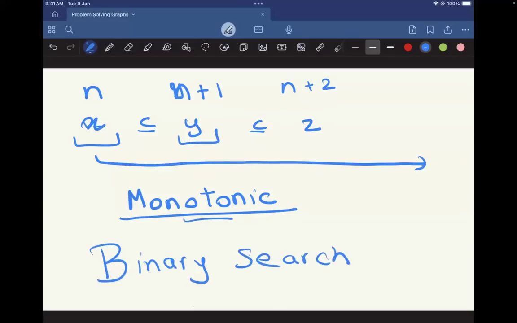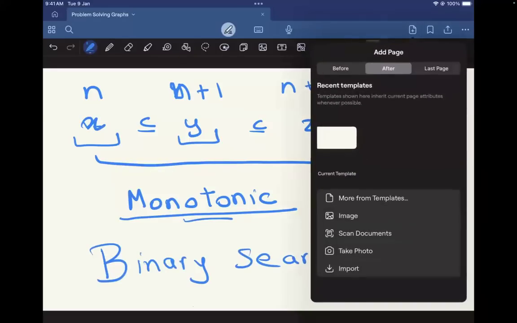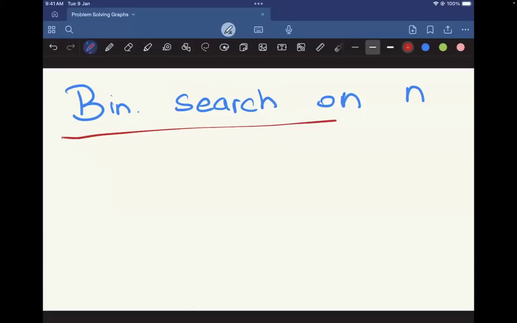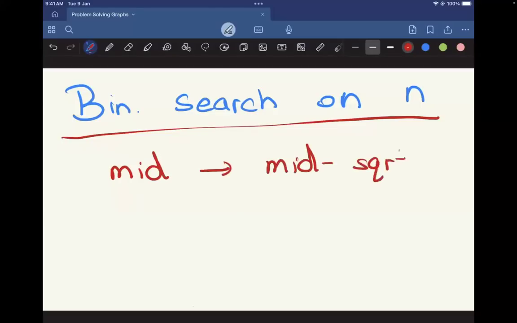Yes. So, what do we have to do? We have to just binary search upon n. All right, this is all that we have to do. Given a particular mid, the number of light bulbs that are on is going to be mid minus square root of mid.